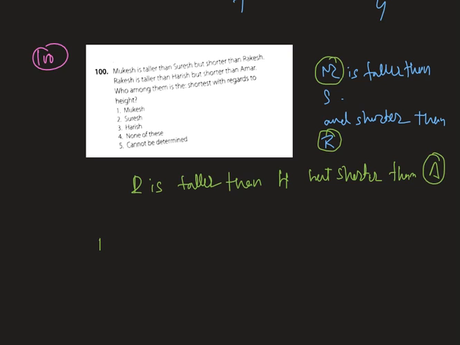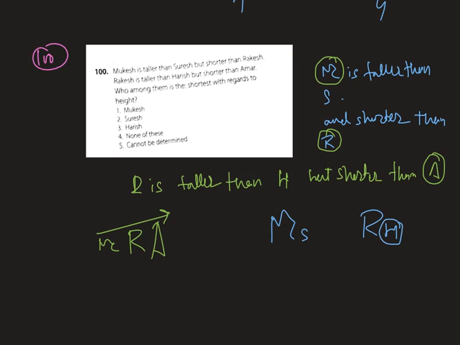As Mukesh is shorter than Rakesh and Rakesh is shorter than Amar, there is a height hierarchy between Mukesh, Rakesh, and Amar. Amar is the tallest one and Mukesh is the shortest of the three, but it is also given that Mukesh is taller than Suresh, and Rakesh is taller than Harish.